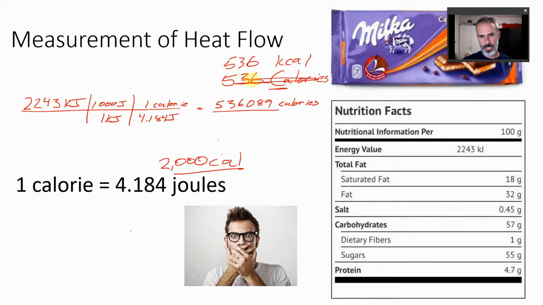So nutritionists, the way they write it is a little bit weird, but really if we ate this whole candy bar, it would be 536 kilocalories. So yes, if you converted it to kilocalories, you would see what they have right there on the nutrition label, which, by the way, I deleted because I wanted us to do the calculation. Yeah, so converting kilojoules to joules, converting calories to joules, and of course kilocalories to calories. Now, we're pretty good at unit conversion, so we're not going to do this too much, but I just wanted to bring that up because you're going to see that occasionally in this unit.